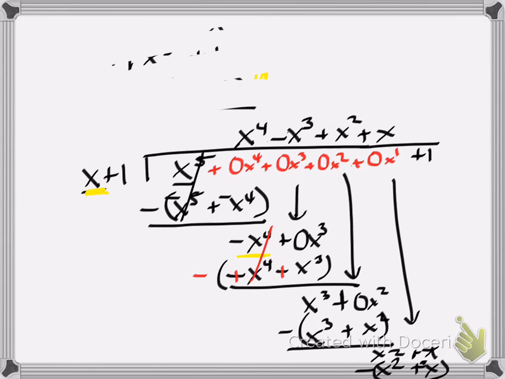There's no x to the 4th in there. There's no x to the 3rd in there. There's no x to the 2nd in there. 0. Let me finish this. I'll go over it at home.